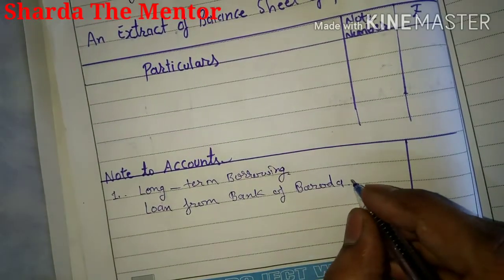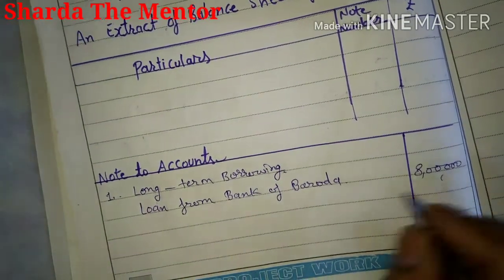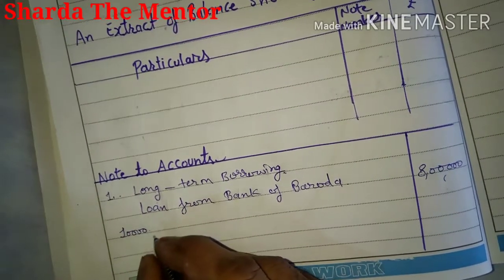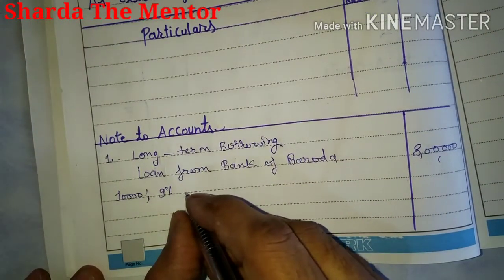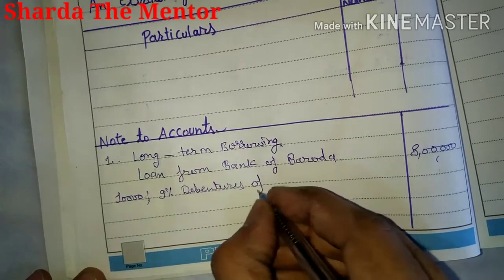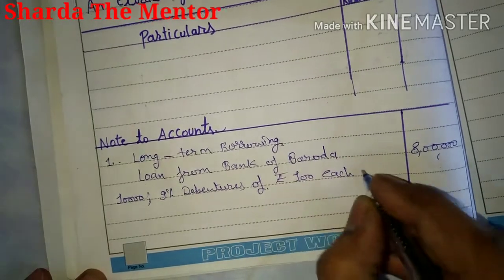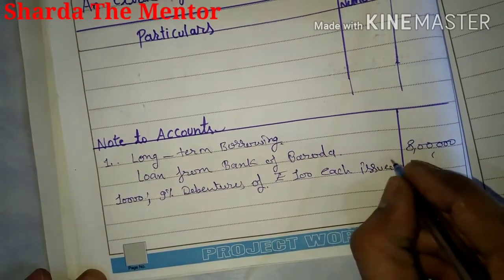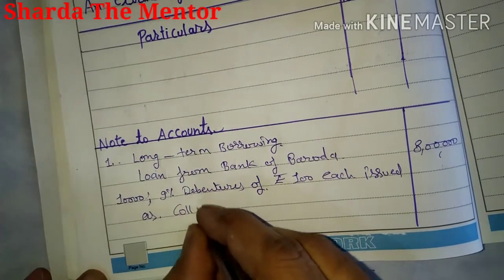You will mention here 8 lakh rupees, and for that you have mortgaged 10,000 9% debentures of rupees 100 each issued as collateral security.